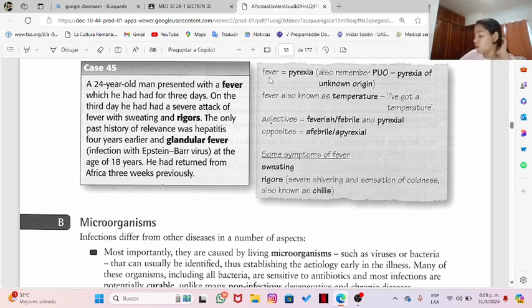The adjective equals feverish, febrile, and pyrexial. The opposite of pyrexial equals afebrile. Some symptoms of fever: sweating, rigors, severe shivering, and sensation of coldness, also known as chills.